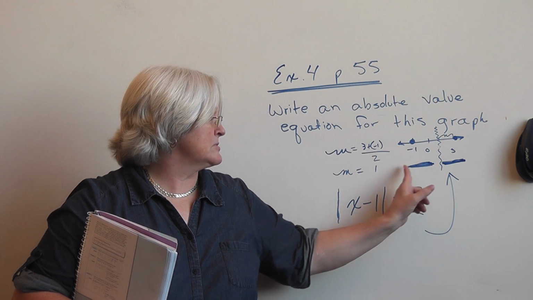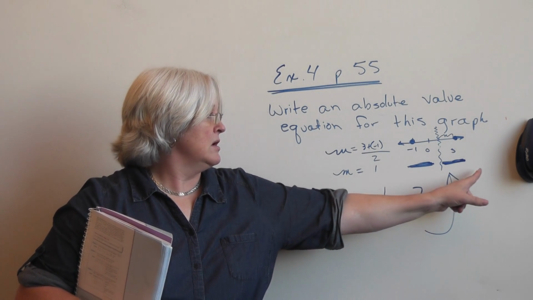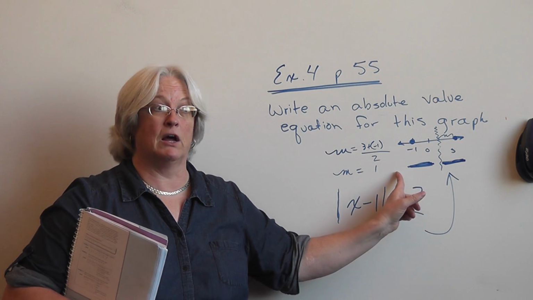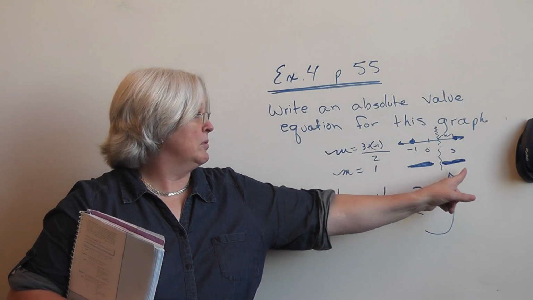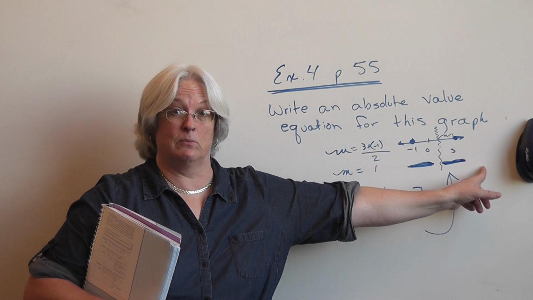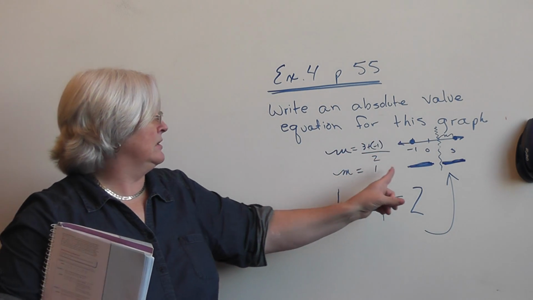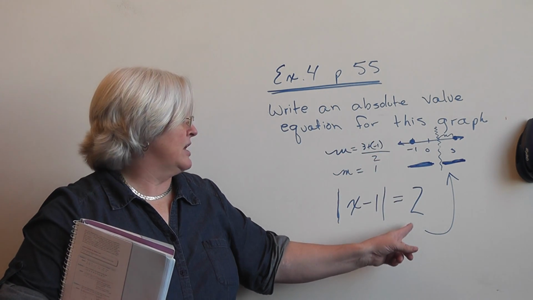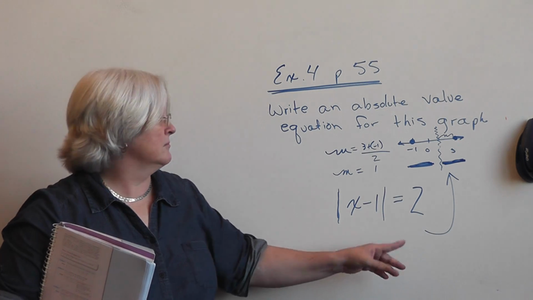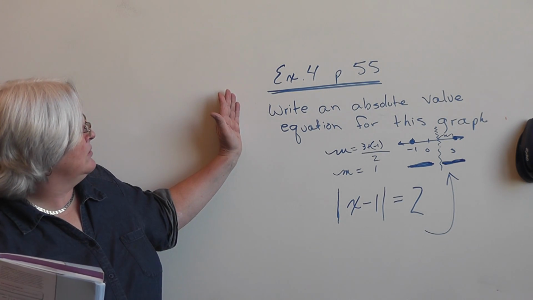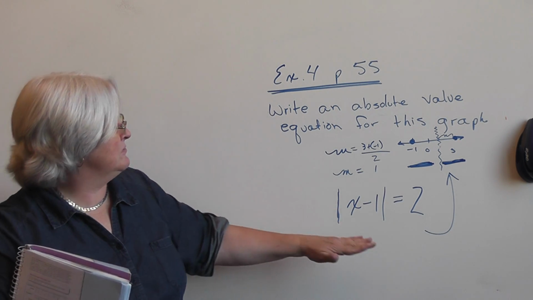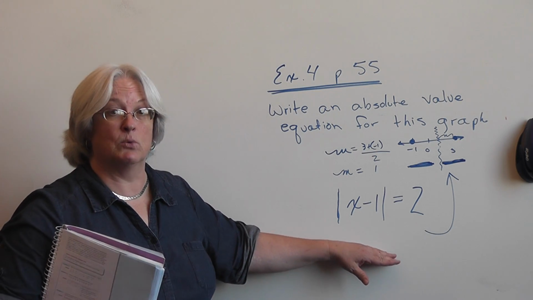This distance, or the absolute value, from here to the end points of our line segment, from a midpoint to the end point of the line segment in the positive direction, to the end point of the line segment in a negative direction, that distance is going to be 2. So, an absolute value equation for this graph, absolute value x minus 1 is equal to 2.